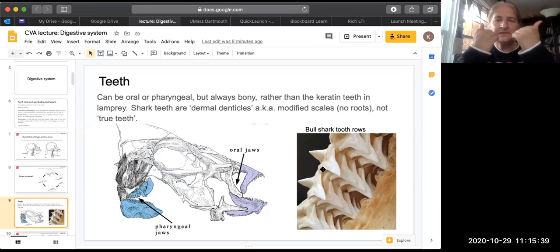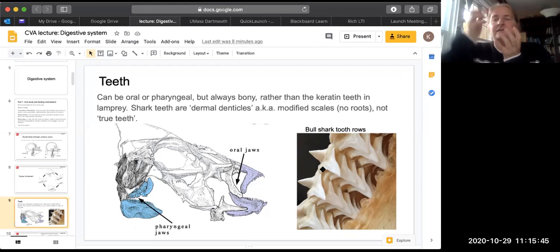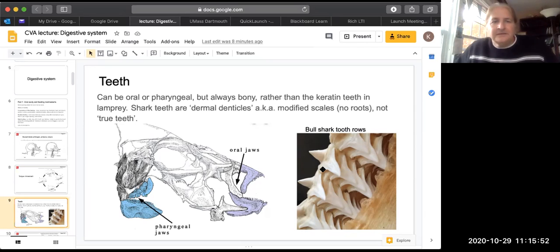They just have these rows that form, and then the functional row sort of flips out, and that's the biting surface, and then they eventually fall out. That's why if you walk along certain areas, you can actually find shark's teeth in the sand, right? Because they're always shedding them. They're not true teeth in that they don't have a bony root.